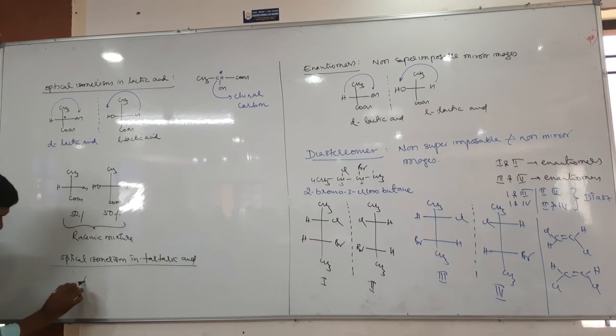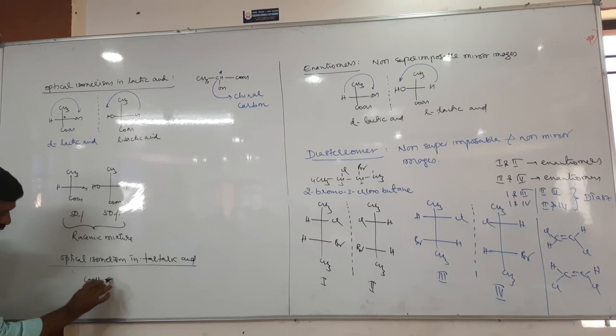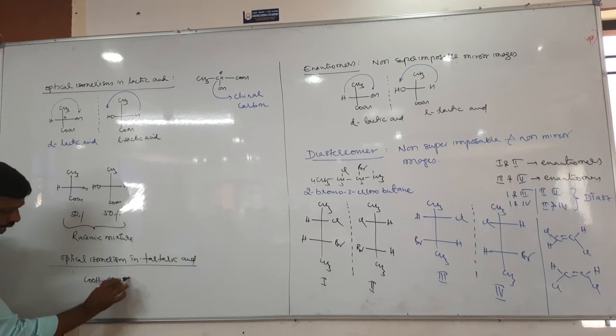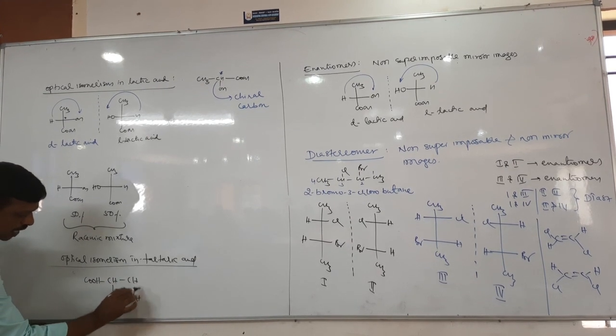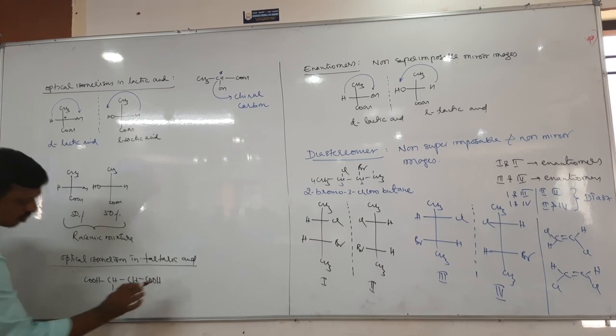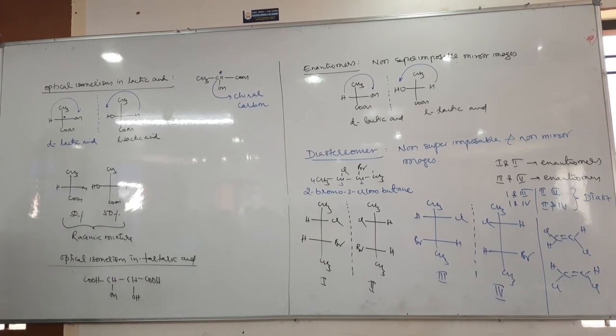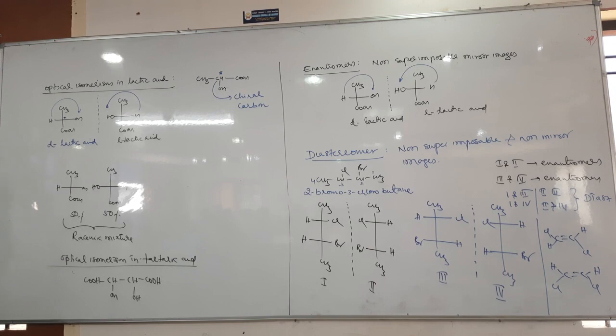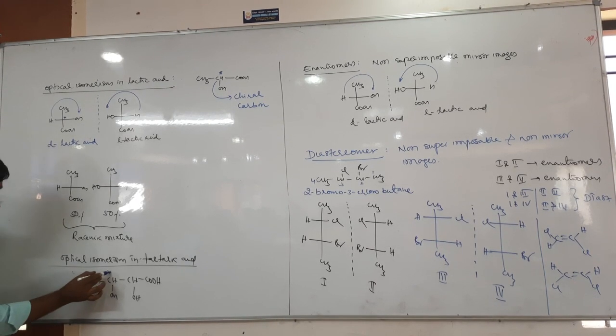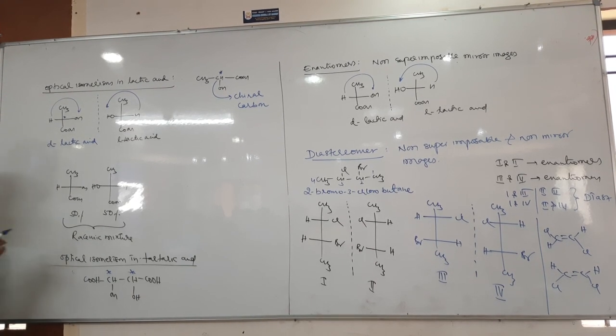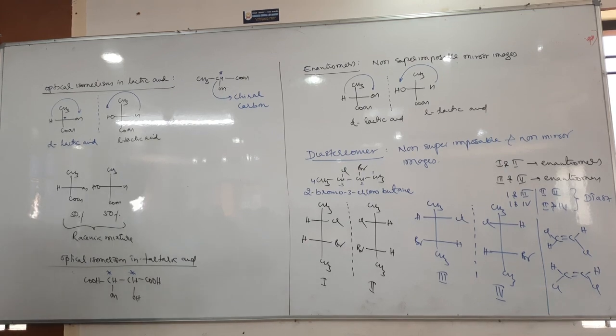In tartaric acid, there are two carboxyl groups and two OH groups, like this. Then how many asymmetric carbons are there? There are two asymmetric carbons.